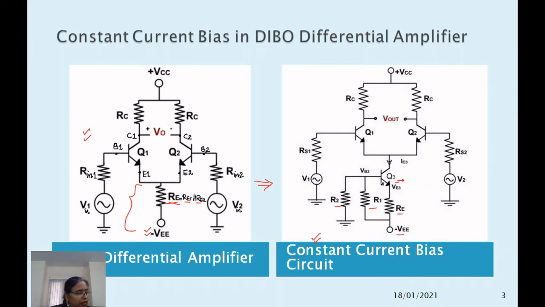Now the emitter current is established by RE, R1, R2 and Q3. So let us see the analysis of this constant current bias differential amplifier circuit.